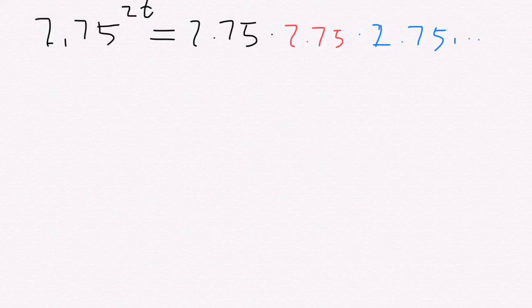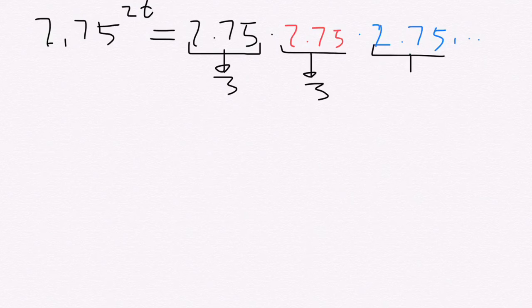In multiplication, to determine the number of sig figs in the product, you find the number with the least sig figs. But in this case, all these numbers have 3 sig figs, so our product will also have 3 sig figs.